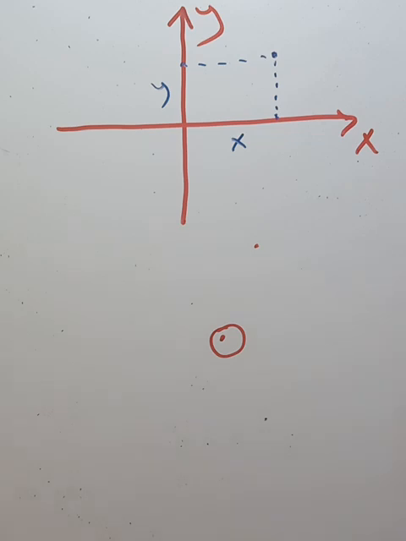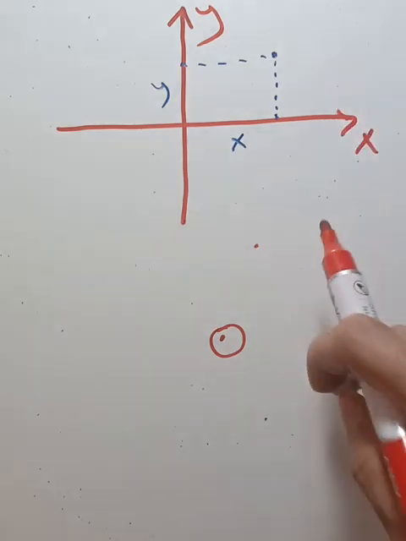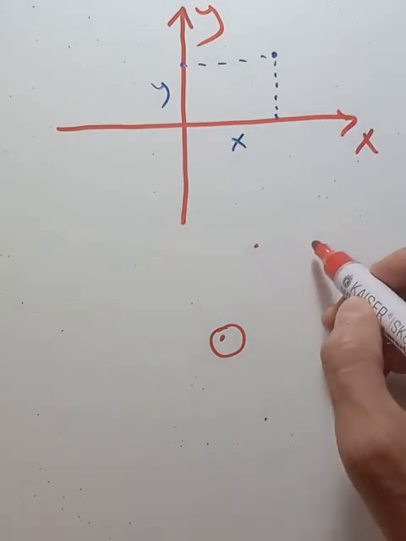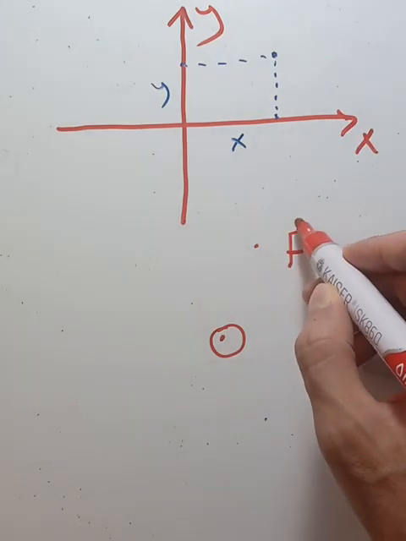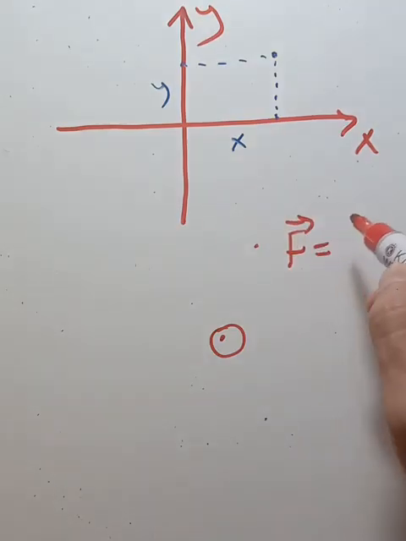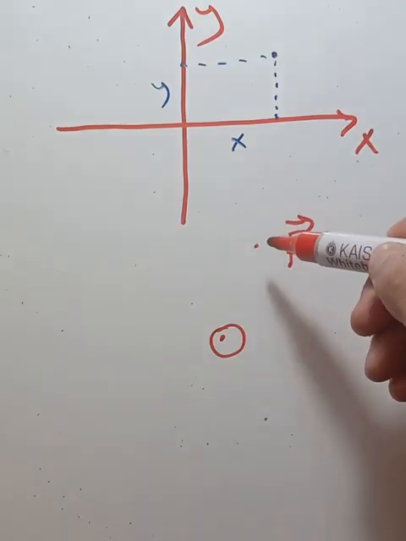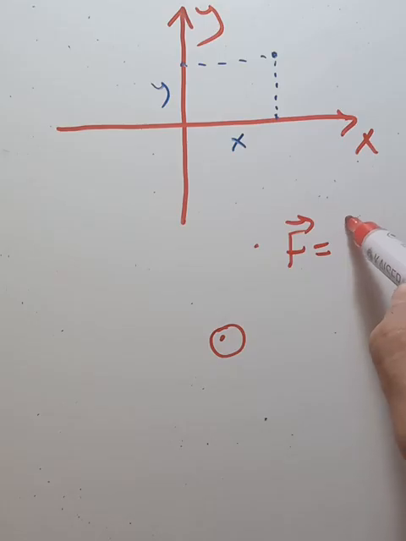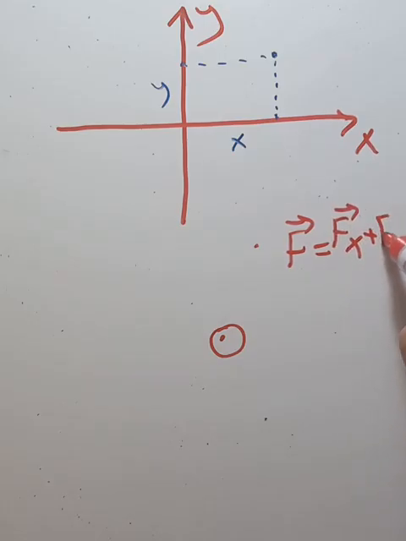So why should we bother with the x and y coordinates? For instance, the gravity force here is just a function of distance. And why should we write it as fx plus fy, its x and y components?